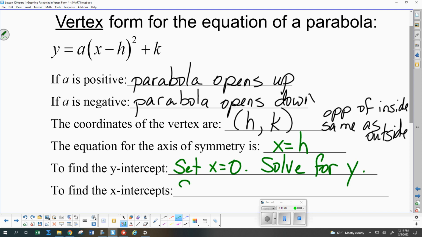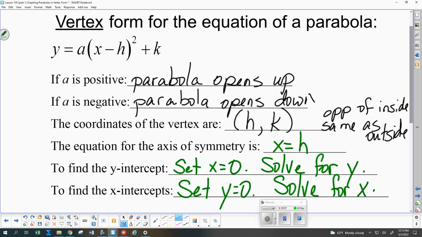And to get the x-intercepts, we set y equals 0 and solve that for x. Sometimes when we're solving for x-intercepts, we'll get nice numbers, and sometimes not so nice. And then the next section of your notes talks about the discriminant in there.